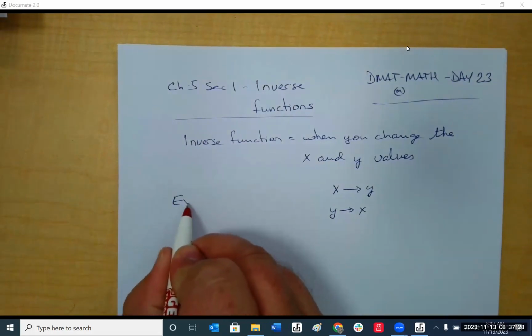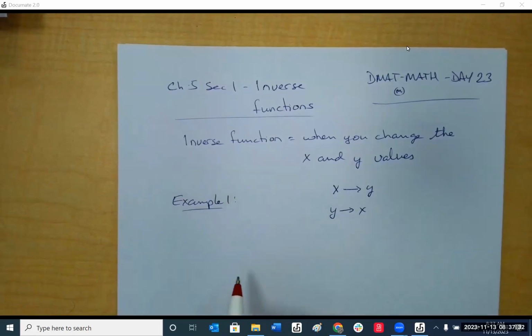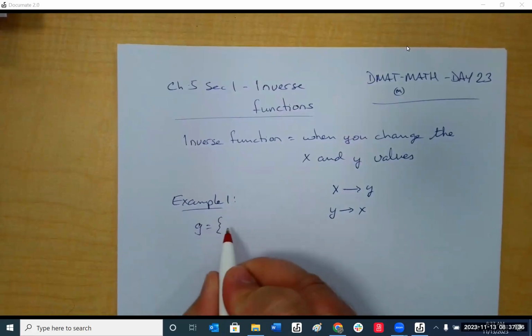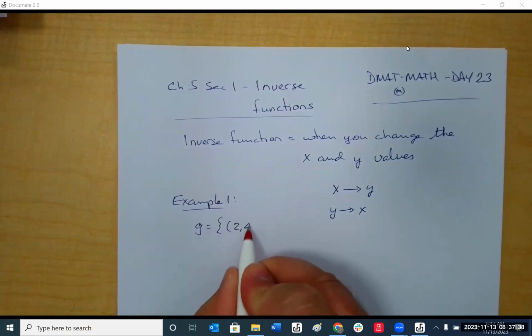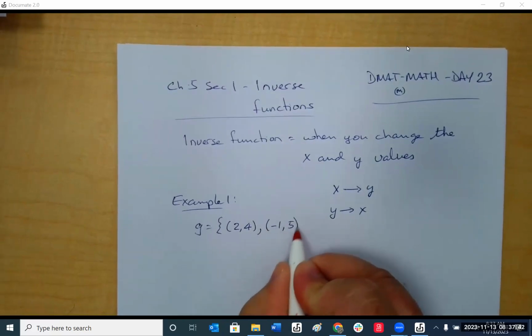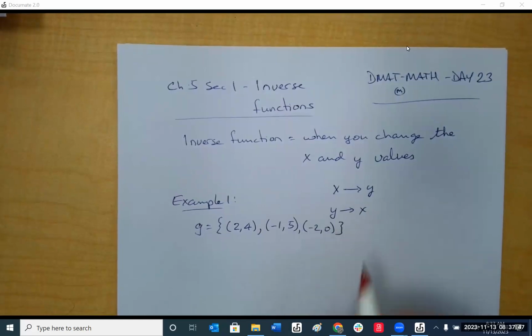So let's take example 1. We have a data set equals (2, 4), (-1, 5), and (-2, 0).